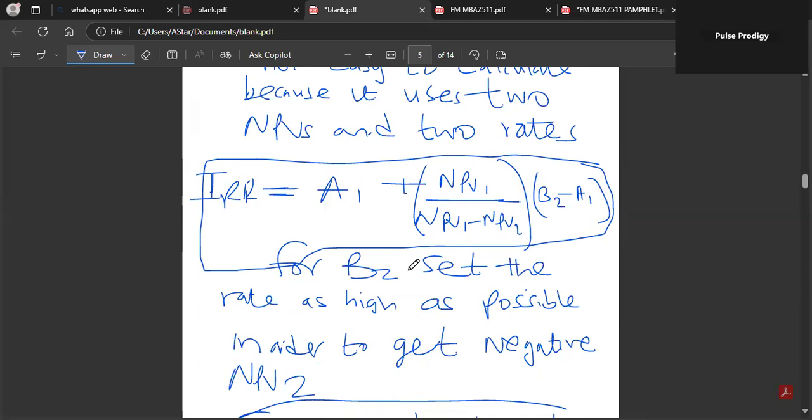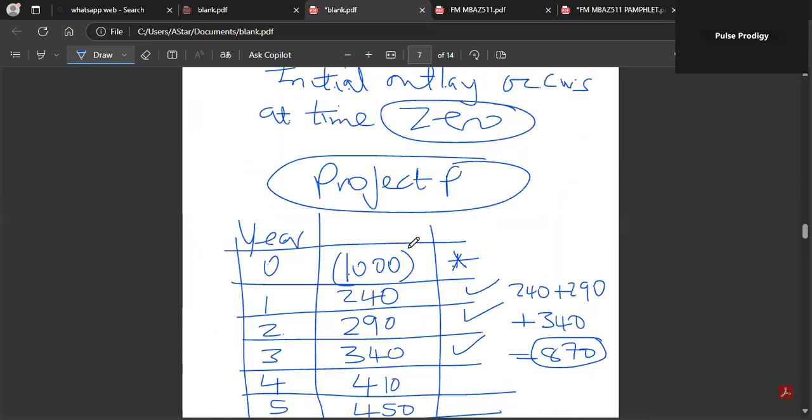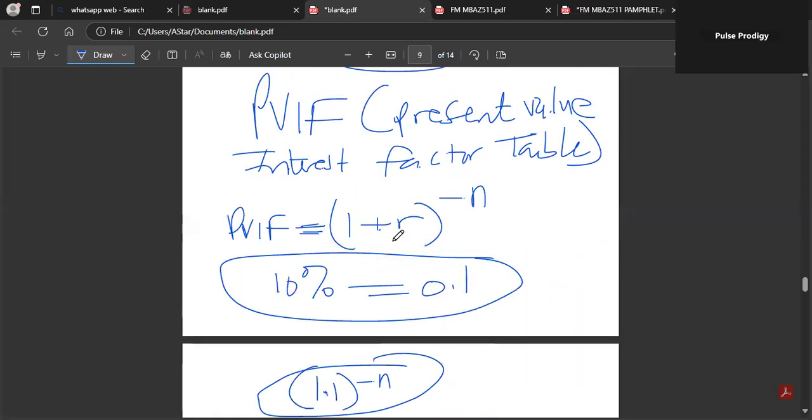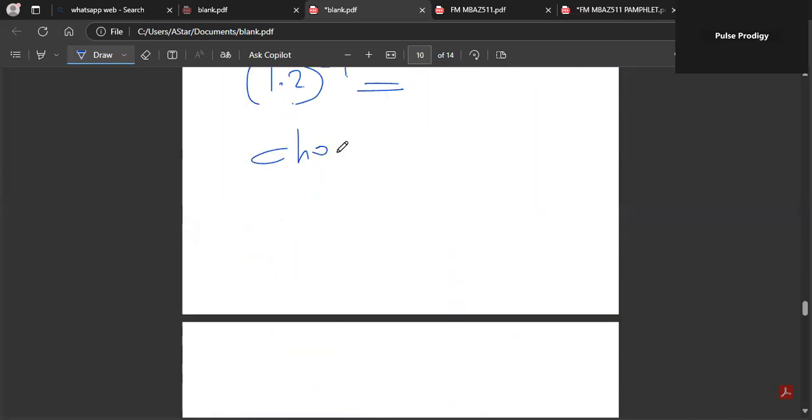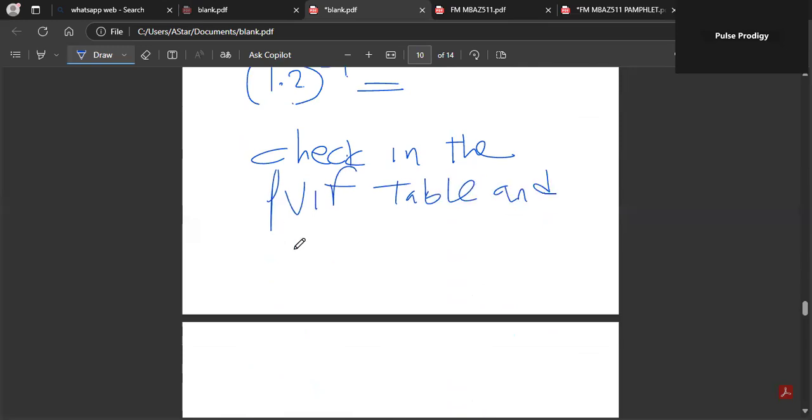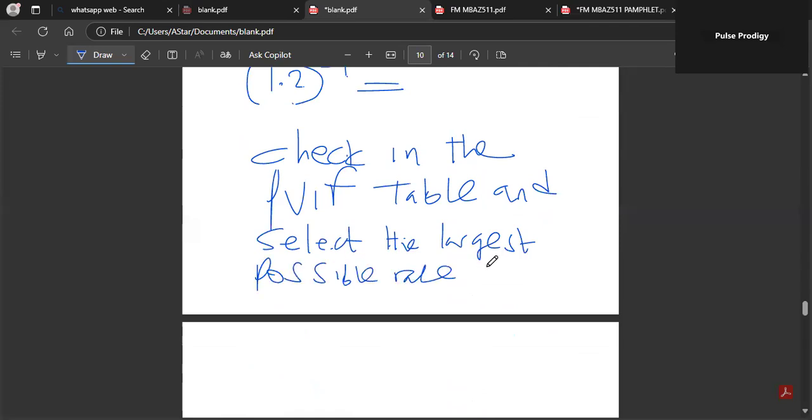Then the rate 2, you need to set for yourself. So you go to the present value interest factor table, check in the PVIF table, and select the largest possible rate away from 10%.